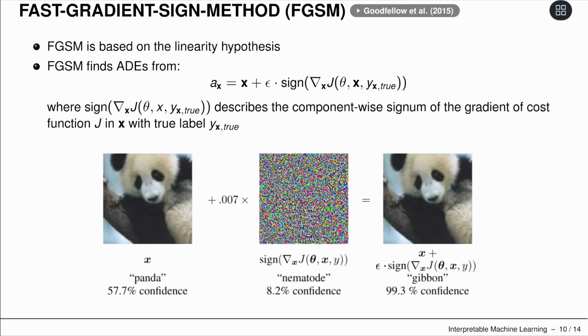So let's talk about a very concrete one. That's the fast gradient sign method, FGSM. It goes back to Goodfellow in 2015. Let's say we have our x and would like to change it slightly, and now we only need to know in which direction we need to do that, rather than adding random noise. We look at the pointwise sign of the gradient of the cost function J in x with our true label.